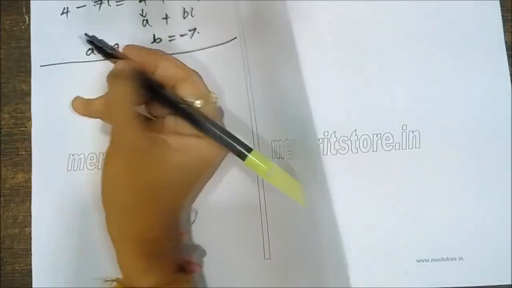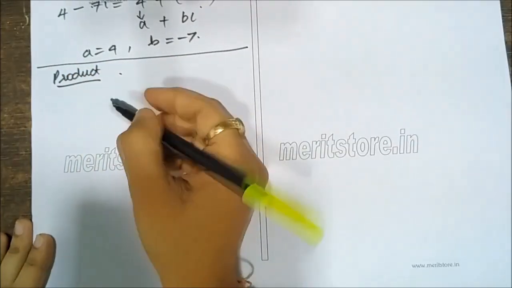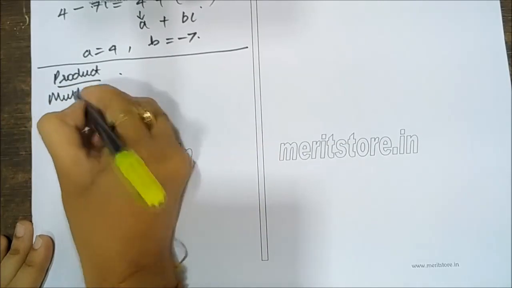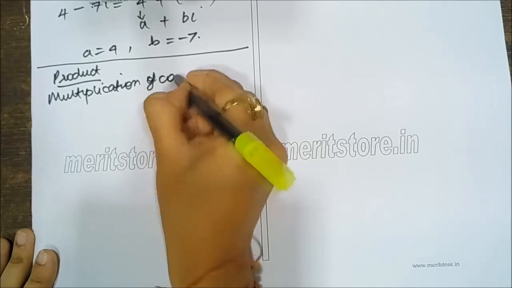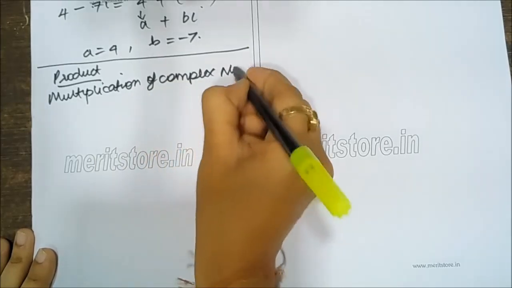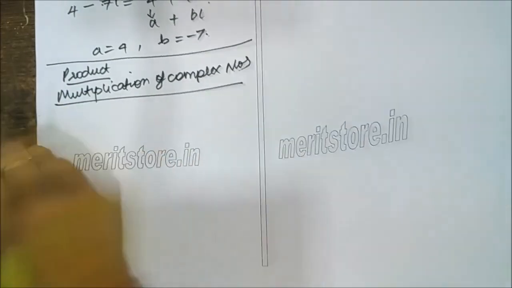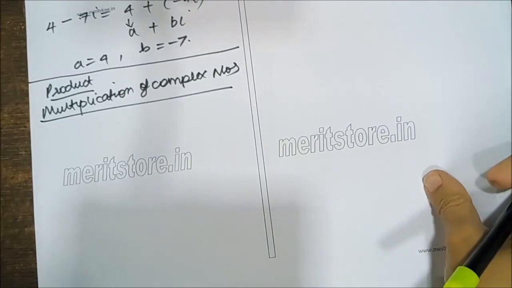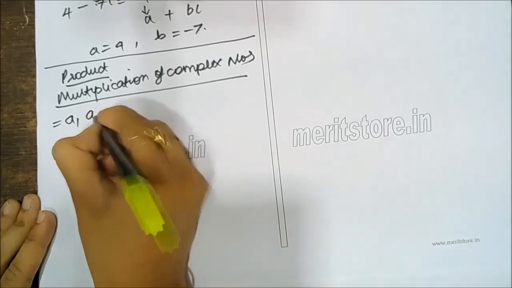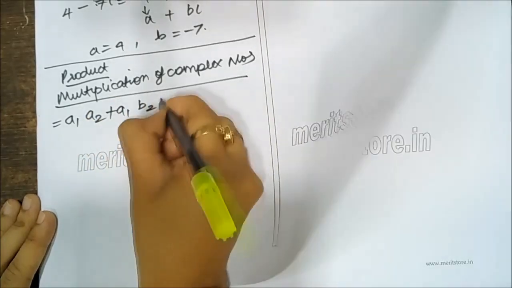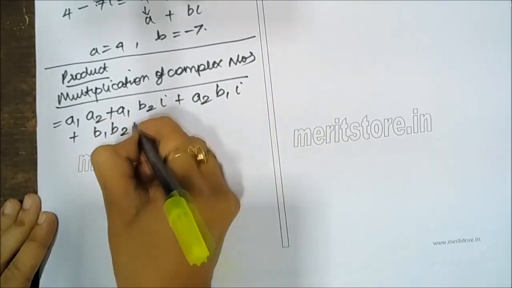So when you are writing the product, as in the multiplication of your complex numbers, you got your answer as A1 A2 plus A1 B2i plus A2 B1i plus B1 B2i square.